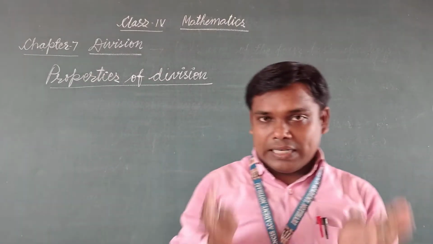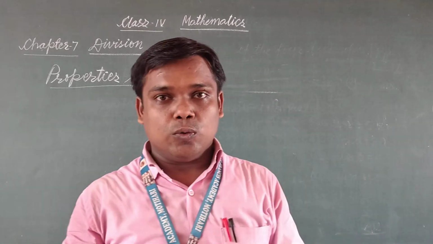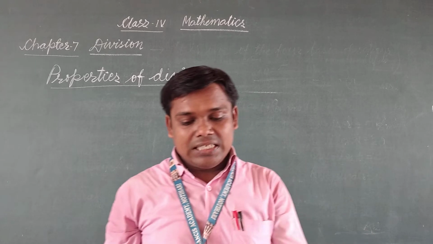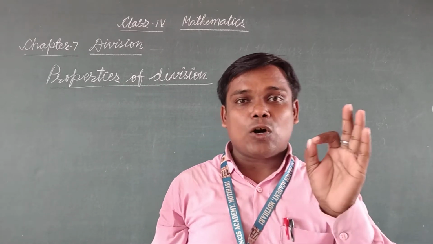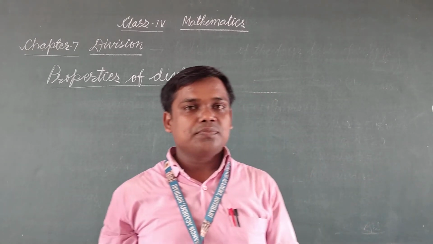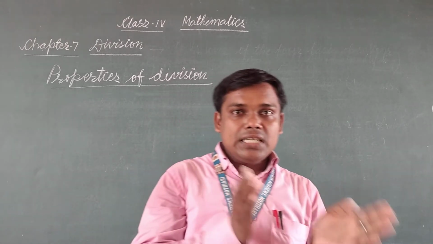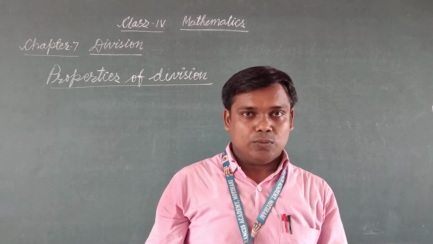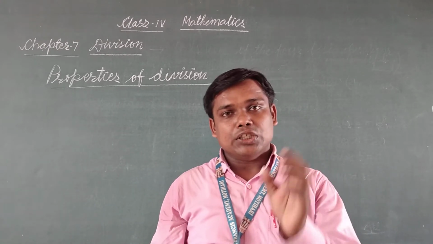The first property is that if the dividend is 0 and the divisor is a non-zero number, the quotient is always 0. Once more, if the dividend is 0 and the divisor is a non-zero number, the divisor is never 0, then the quotient will be 0.